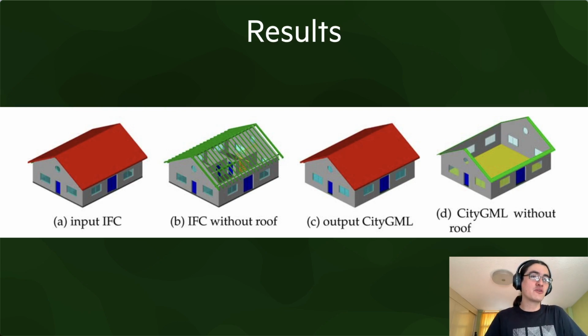He obtained some pretty good results with these sort of IFC models that are built from scratch, more by people in the BIM community. You can look at A and B, which are the input IFC with and without the roof, so that you're able to see the interior, and C and D, which is the output CityGML that is automatically generated.